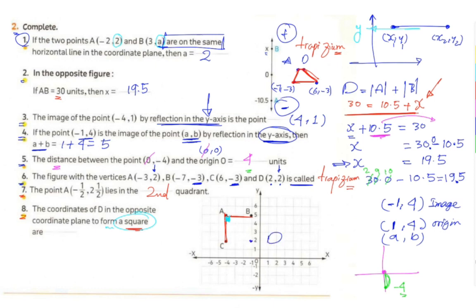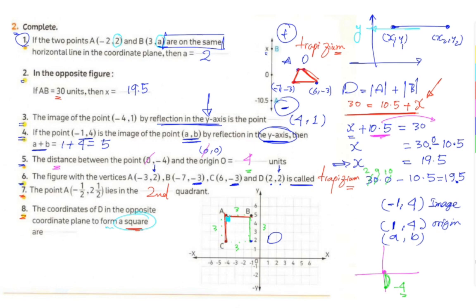Why? Because if you look here, I have 1, 2, 3 units. Here we have 1, 2, 3 units. So we have 3 units here and 3 units here. Here we have 1, 2, 3 and 1, 2, 3 units. So we have 4 equal sides.